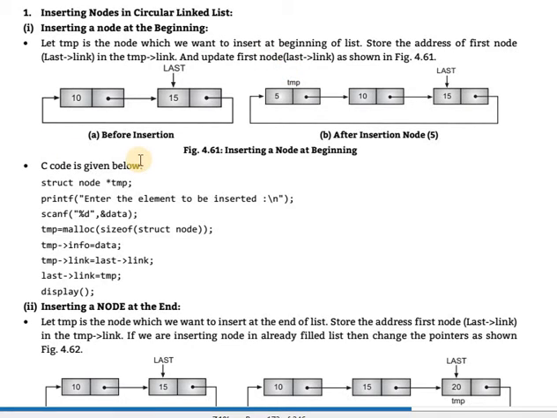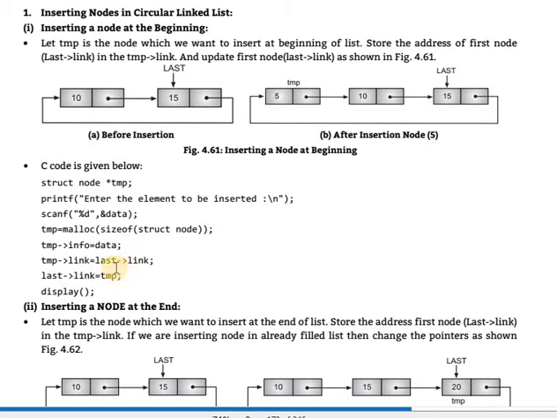In the C code, struct node temp is a pointer variable. The value will be inserted through the data variable. The malloc function is called, meaning memory allocation is done at runtime. After that, the data which will be inserted is stored in temp info.